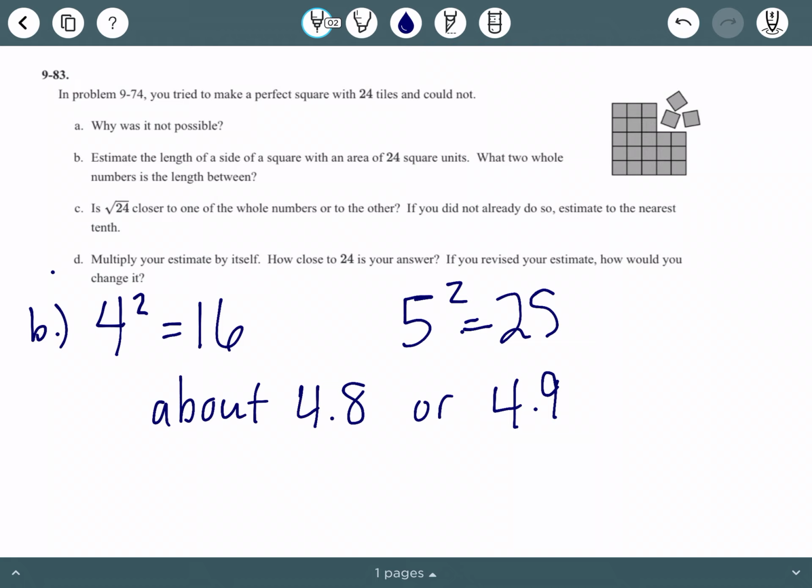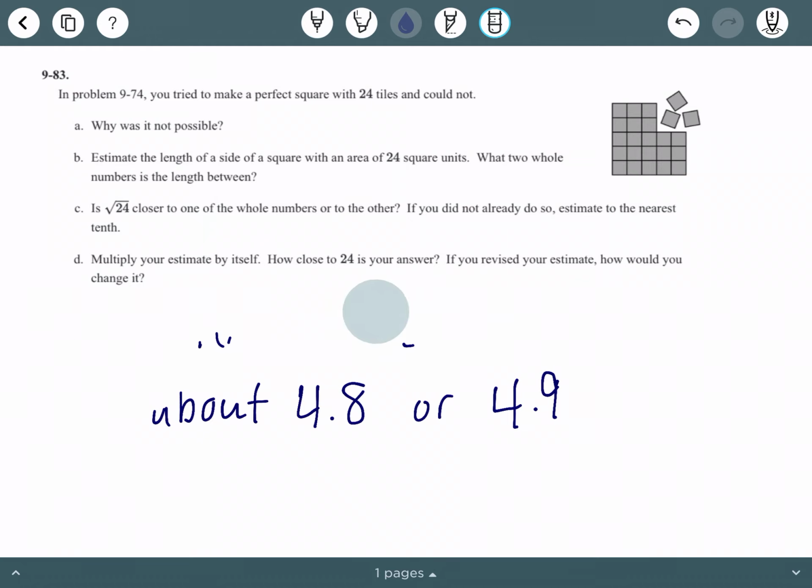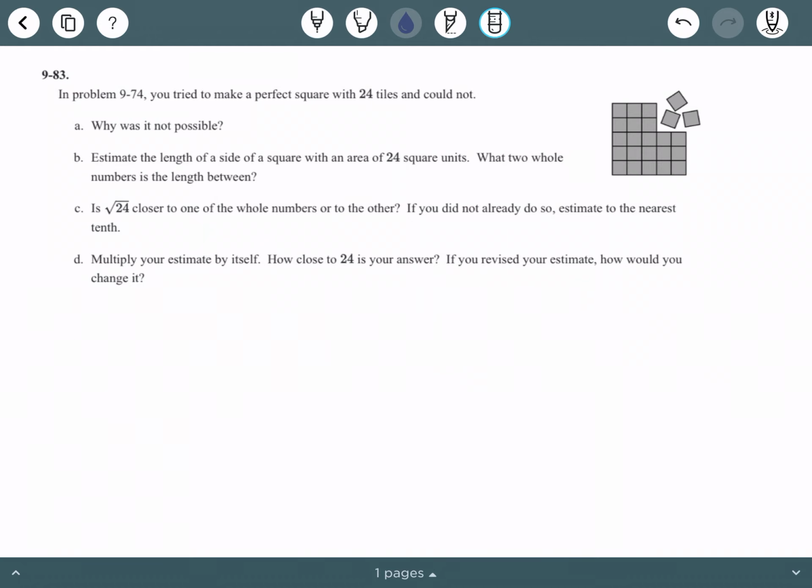Okay, part C. Is the square root of 24 closer to one of the whole numbers than the other? If you did not already do so, estimate to your nearest tenth.